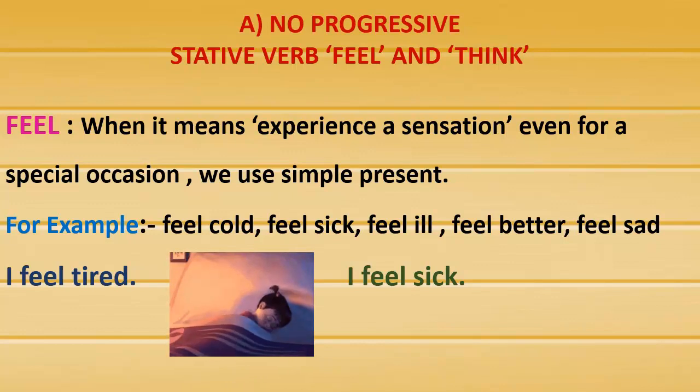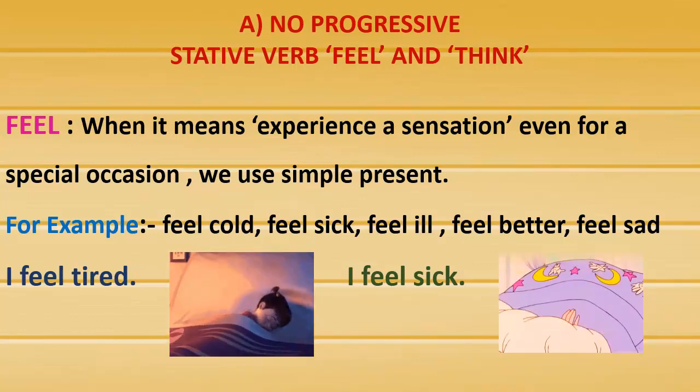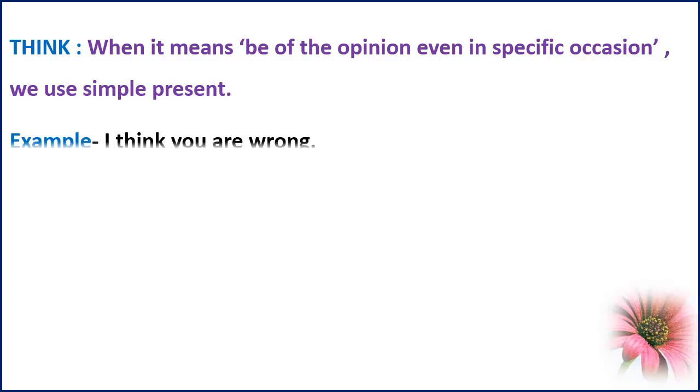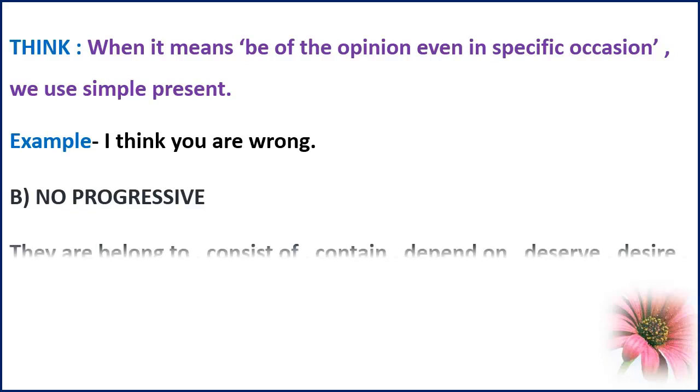So in these cases, feel and think, there is no progressive form. Think. When it means be of the opinion, even on a specific occasion, we use simple present. For example, I think you are wrong. No progressive.